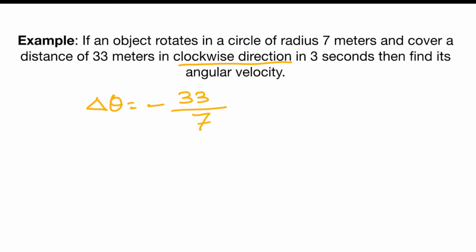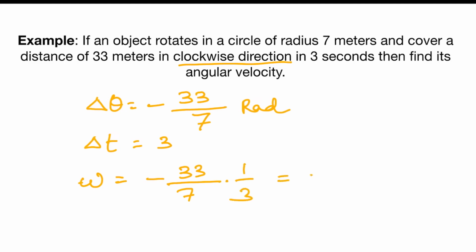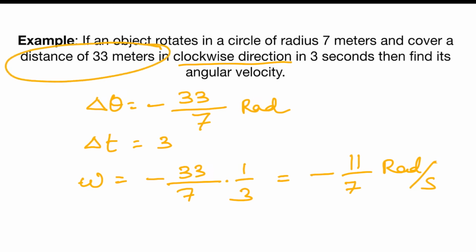So del theta is equal to minus 33 by 7 radians, and time taken to cover this angular displacement is 3 seconds. So the angular velocity omega will be minus 33 divided by 7 and divided by 3. So this will be minus 11 by 7 radians per second. Right? So first you have to convert the distance covered on circular path into angular displacement by using the formula del theta is equal to del s upon r.